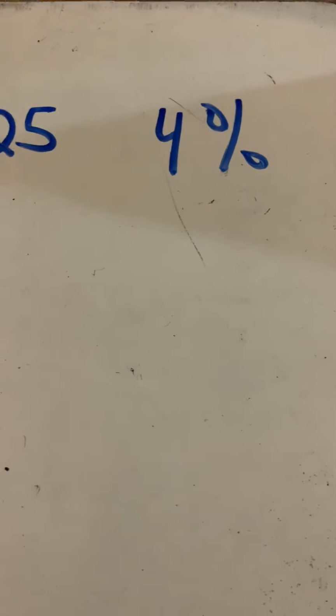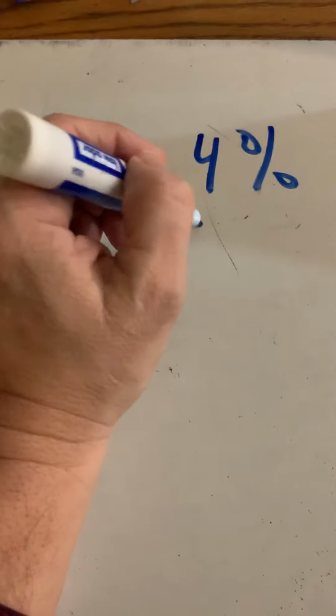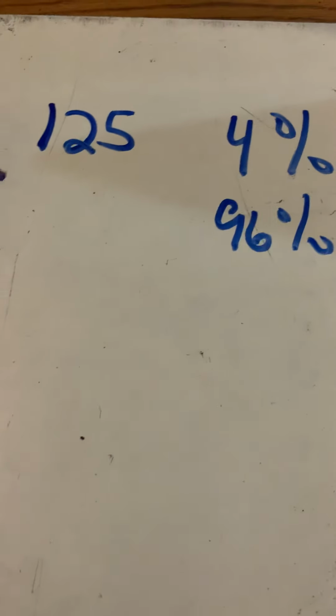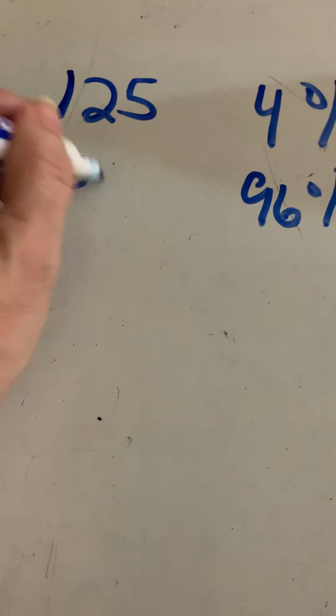So if you have 125, if it's 4% decreased, then you're basically going to have 96%. So basically you're multiplying by 96%.